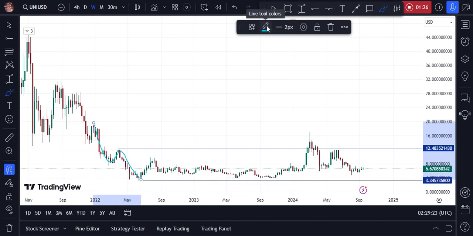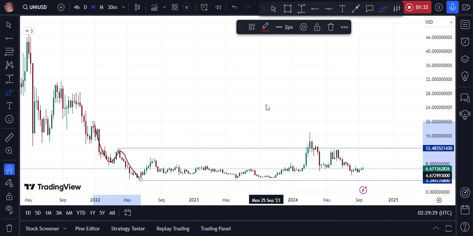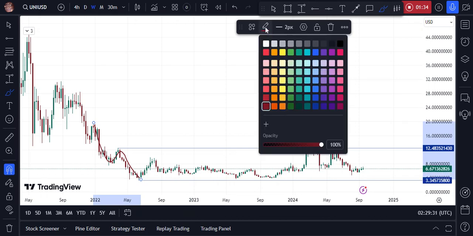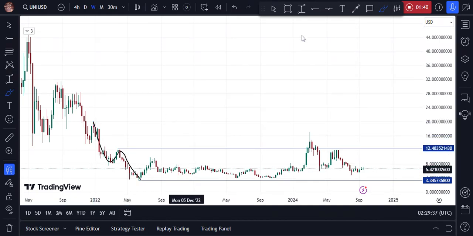So let me color this. Let me use another color for this. Can I use red? No, I can't use red. Okay, let me use black. So the move actually came in this way. I don't know if you can see this.